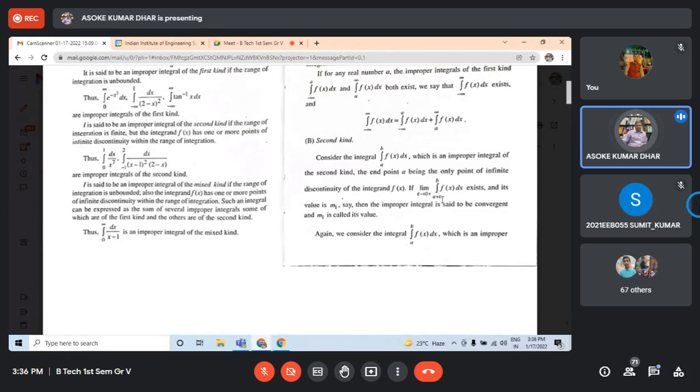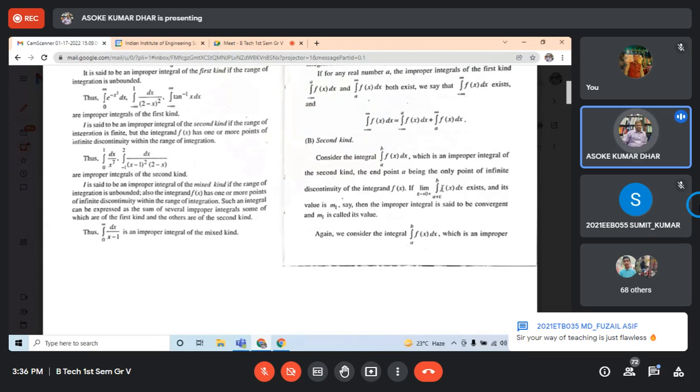So a plus epsilon is greater than a, clear? First find the integration, then take the limit a plus epsilon to b, and then finally take the limit epsilon tends to 0 plus. If it exists, then the integral converges, otherwise it is divergent.